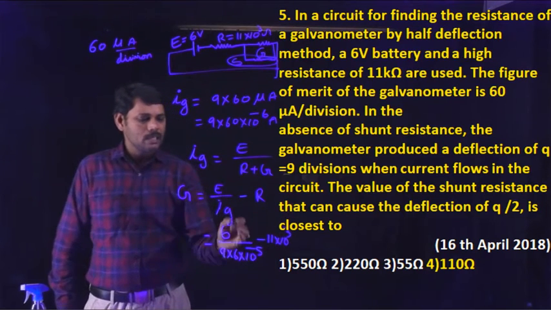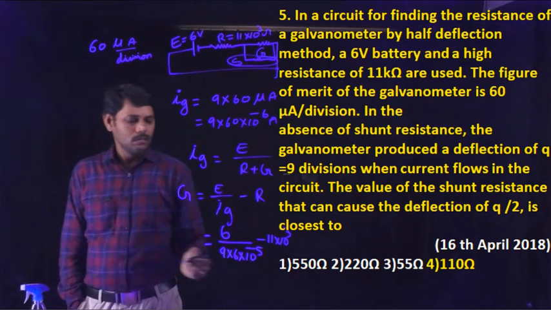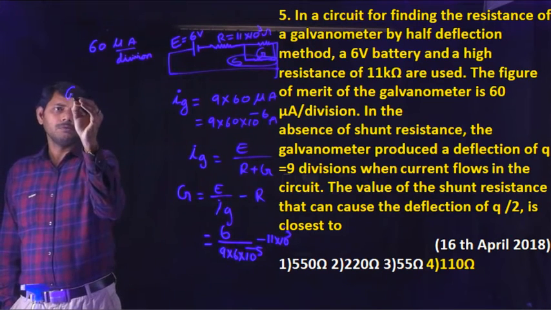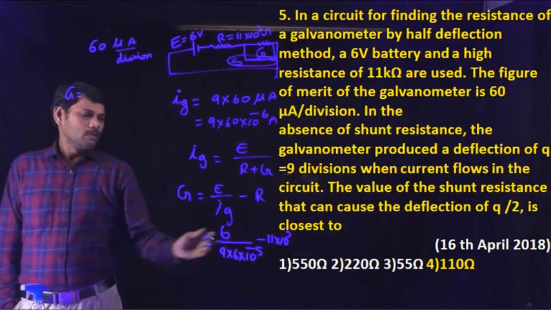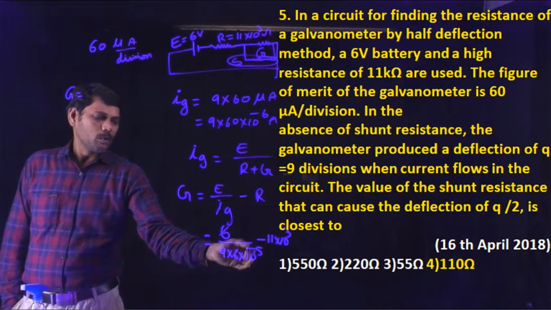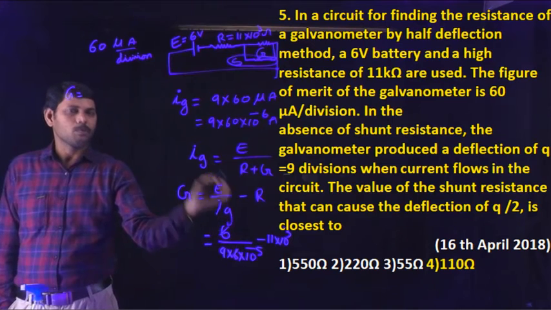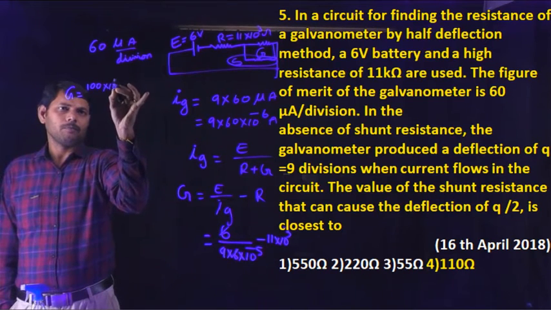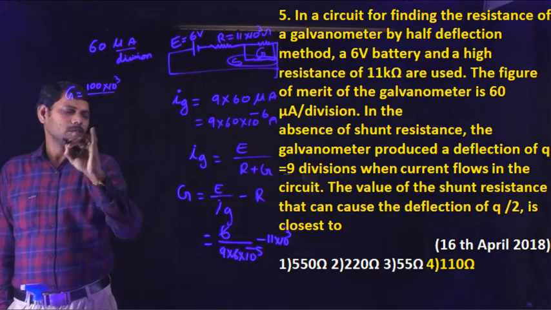Okay, the 6 gets cancelled. We write G as 6 cancels, and shifting 10 power minus 5 to the numerator, it becomes 10 power 5. It is split as 100 into 10 power 3 by 9.